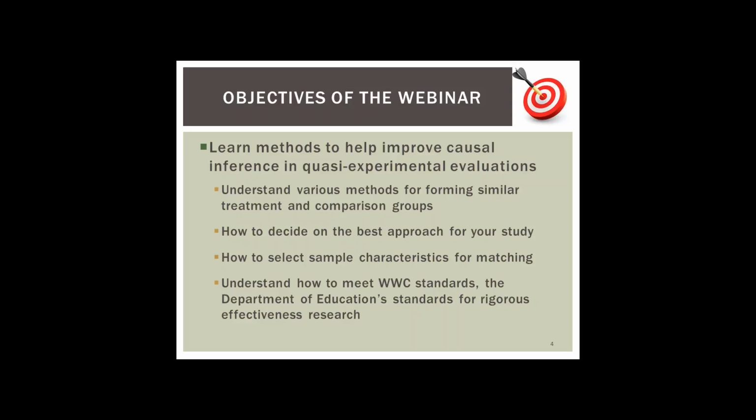The first is how to select characteristics to match on and what types of characteristics might be important to match on when you're trying to establish your equivalent groups. Second, to provide guidance on methods you can use for matching and also help you to understand how matching can help you to meet Works Clearinghouse evidence standards.